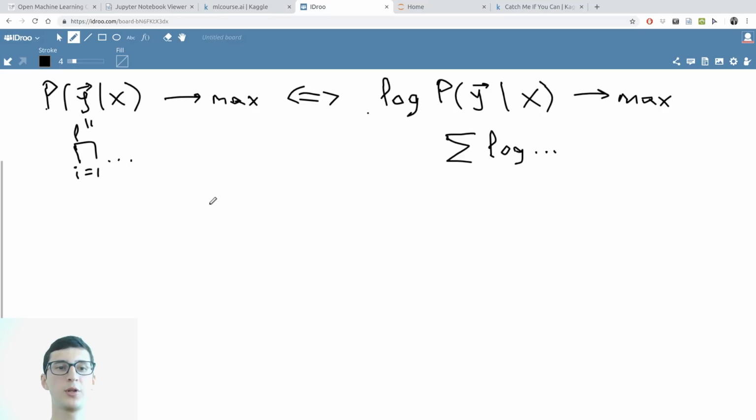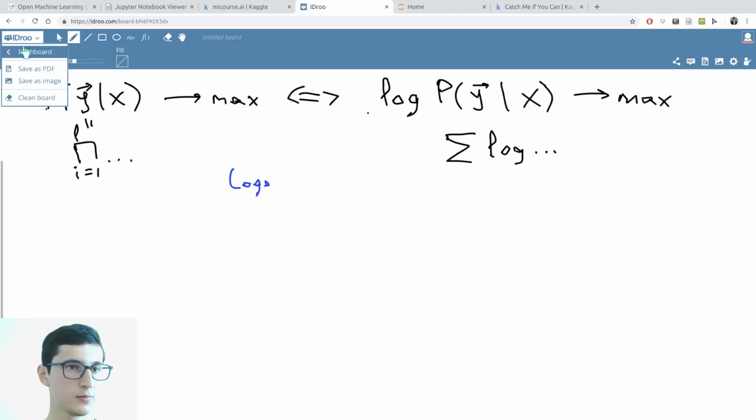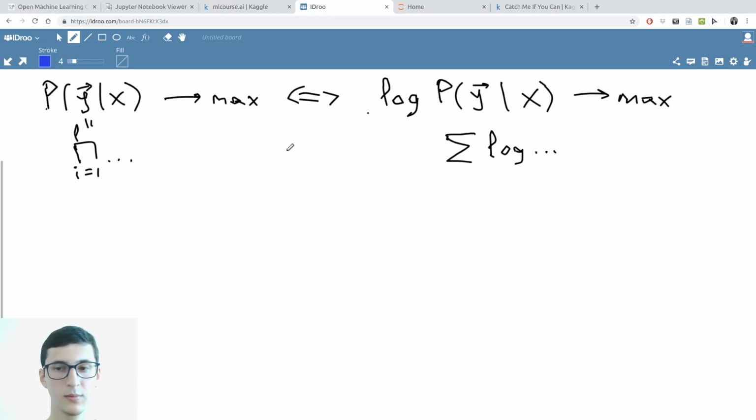At this point we need some simple properties of the logarithm function. So a small detour, logarithms. To begin with, what's a logarithm?